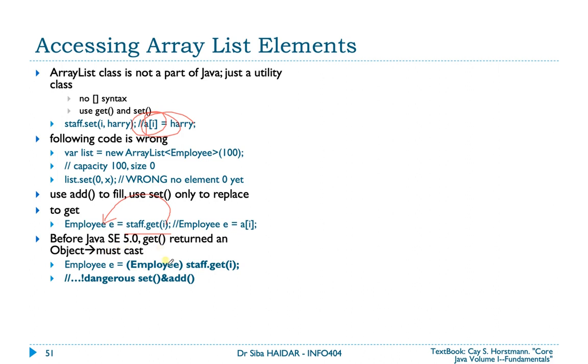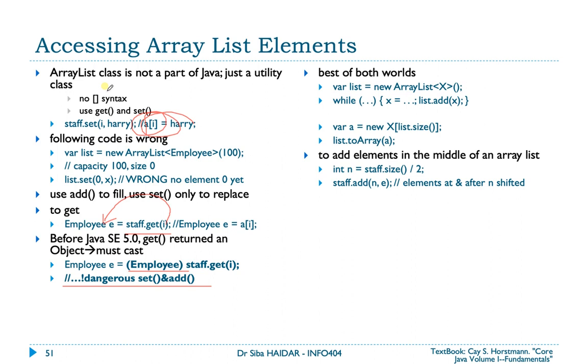Before Java 5, since it was not a typed generic class, you got it inside an Object unless you explicitly cast, which was very dangerous, and we will see why this was dangerous in the chapter on generics.